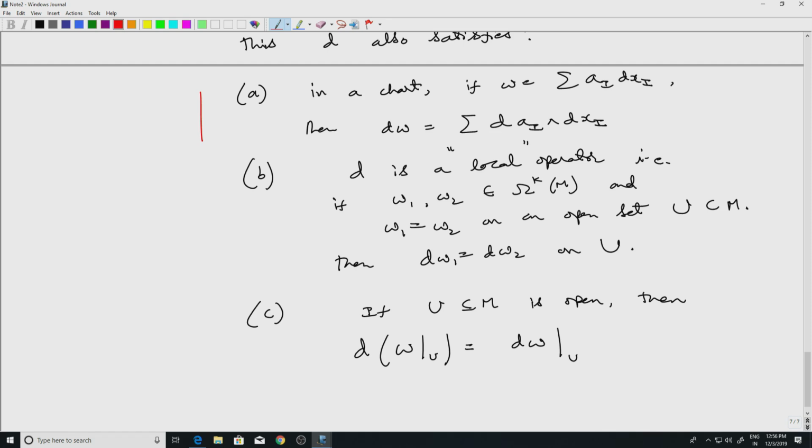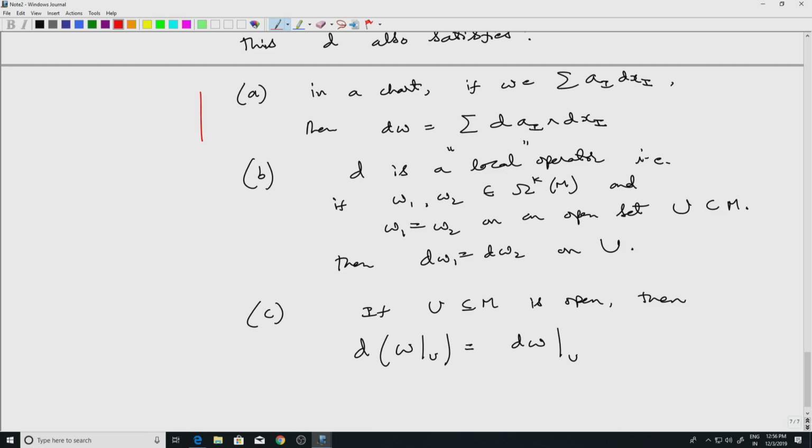If we use a specific coordinate chart, omega can be written like this, then one can take d omega, and it turns out to be equal to this. But the expression on the right hand side, dA_i wedge dx^i, very much depends on which chart one is on. So unless one proves that for different charts one gets the same right hand side, one cannot directly use this as a definition of D.